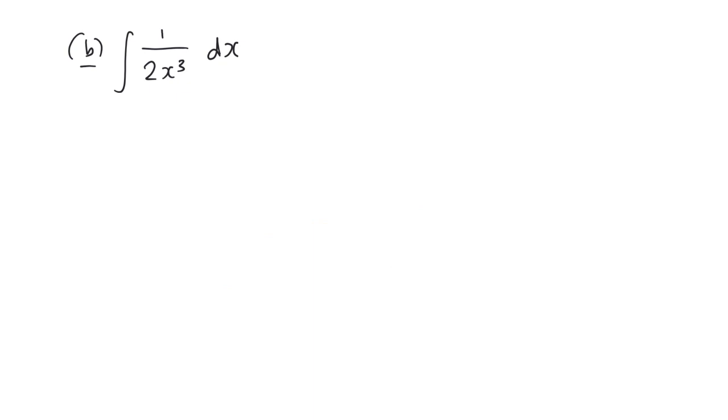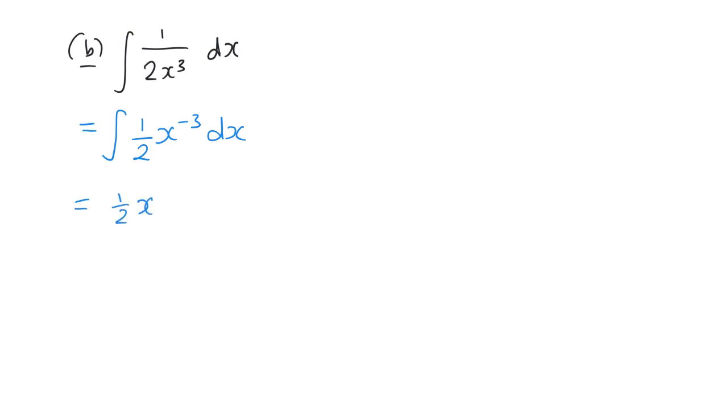In the same way as with differentiation, sometimes you have to change what we're integrating to make it possible. If we were differentiating this, we'd bring the x cubed up, and it's the same thing with integration. So the 2 stays where it is, and it becomes half x to the power of minus 3. And that's what we're integrating.